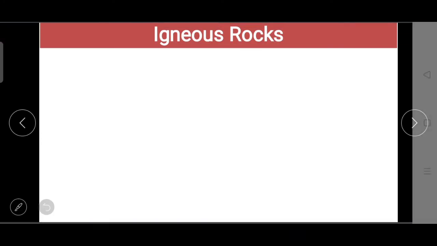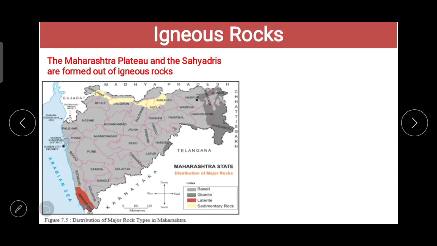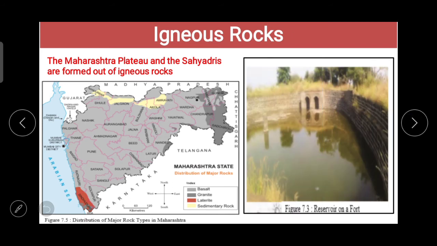Here you can see the Maharashtra plateau and the Sahyadris. The Maharashtra plateau and the Sahyadris are formed out of igneous rocks.